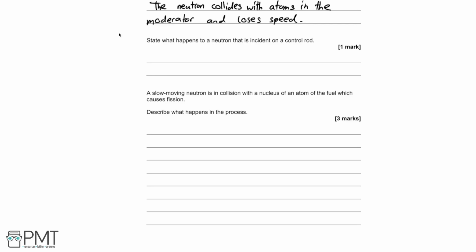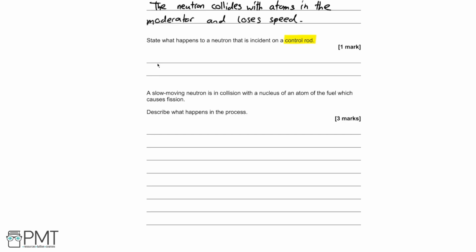The next part of the question says, state what happens to a neutron that is incident on a control rod. The purpose of the control rods in the nuclear reactor is to control the rate of reaction. It does this by absorbing neutrons. The reason this is important is because each fission reaction produces more than one neutron, so that if fission reactions were to continue unchecked, the number of fission reactions that happen every second would increase very quickly.